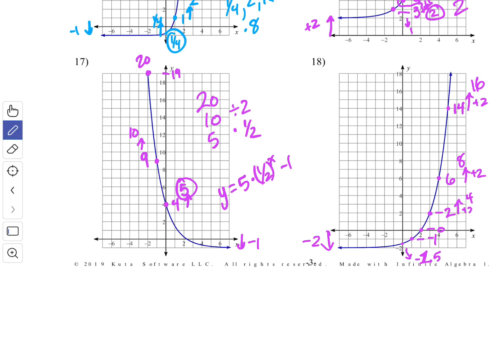That was a positive 2, not a negative 2. So 4, and 2, and positive 1, and positive 0.5, which was my y-intercept. So we're starting at 1/2. So I go y equals 1/2 times, now, 1, 2, 4, 8, 16. We're times-ing them by 2 to the x, which then we subtracted 2.